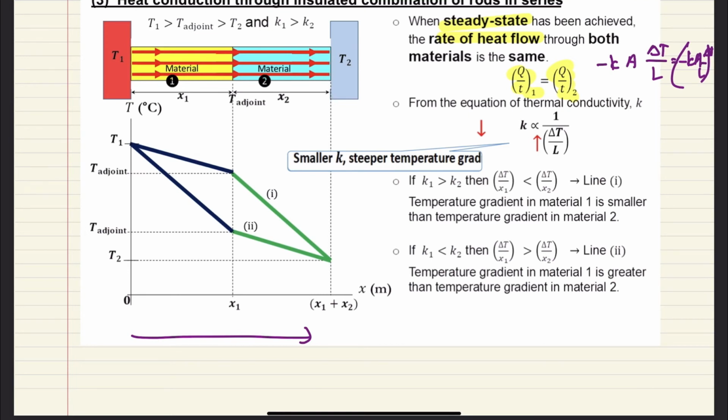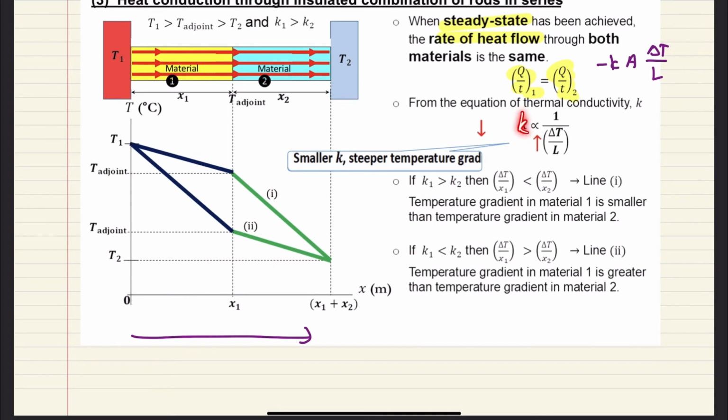I'm running out of space there. So that means everything is constant, like A and L are constant, or maybe A is constant, because this one is side by side, right? So K is actually, if this one equals a constant value, I bring it over here, then you get 1 over something.